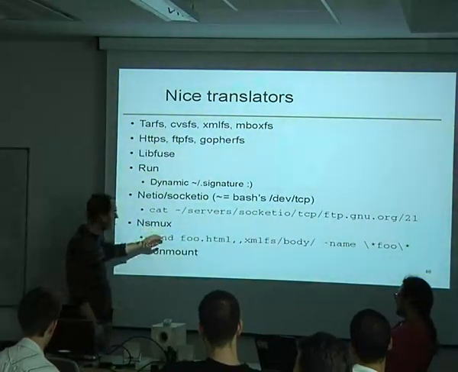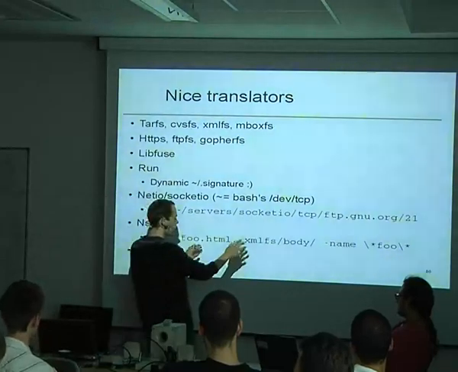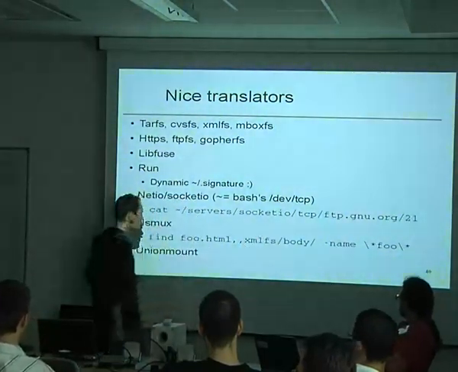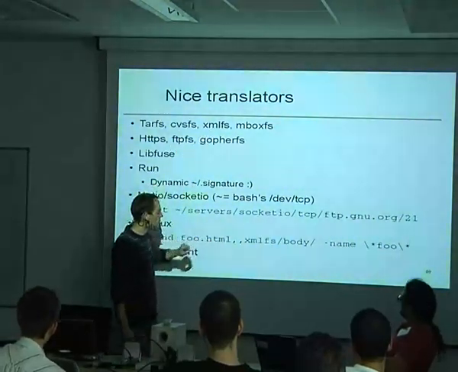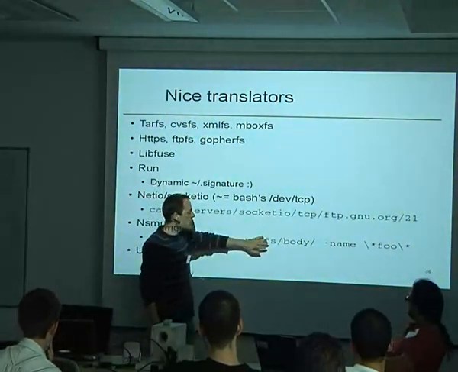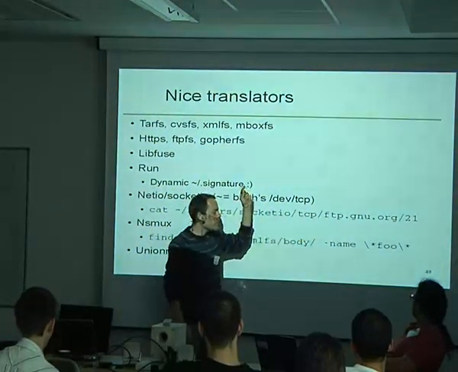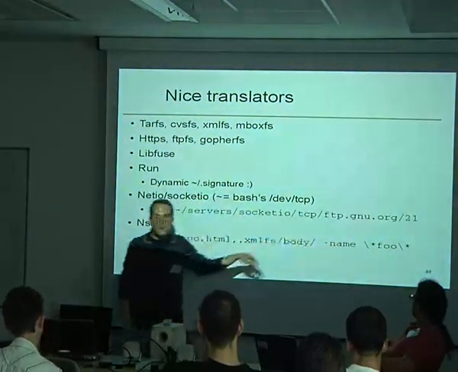We have NSMux, so if you forget this part, you can find inside an HTML file through the XMLFS, in the body of the HTML file, everything that is called foo.